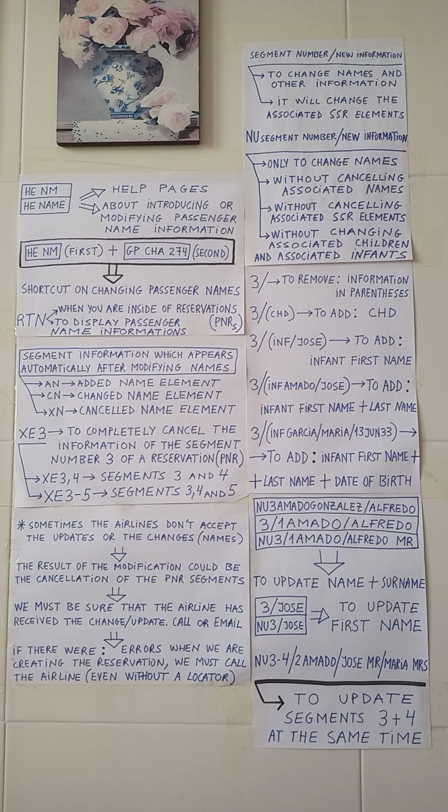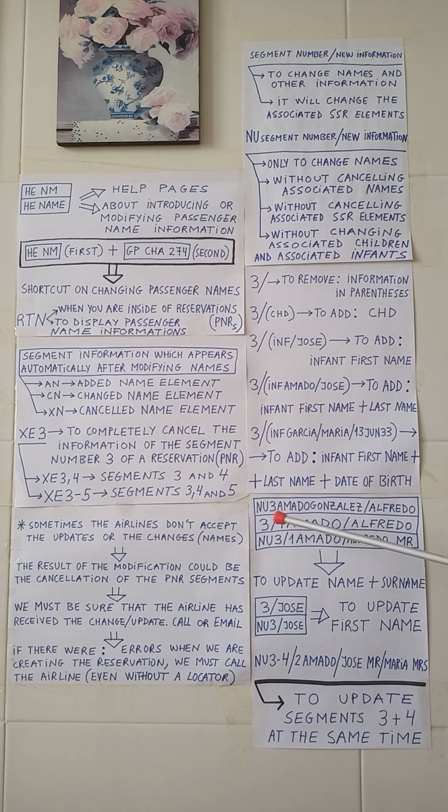At the top, I made a box, this box, with 3 transactions, 1, 2, and 3, that have the same purpose: modify names and last names of an adult passenger. This passenger is in segment number 3 of a reservation. That characteristic is common to the 3 transactions.